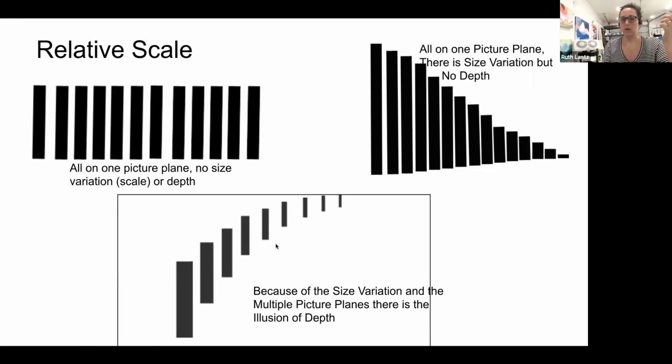Whereas here, things are different sizes, and they're also on different picture planes. They all have their own picture plane. So there's size variation and depth, which is how we start to get that illusion that things are moving back, by having that sensation of shrinking as well as different picture planes. So they have to work in tandem.